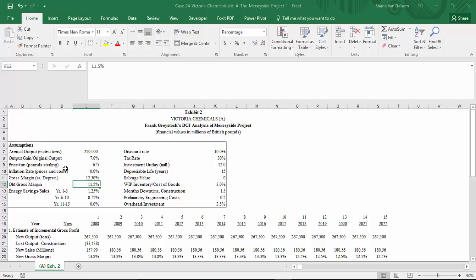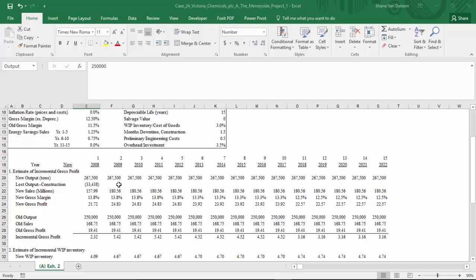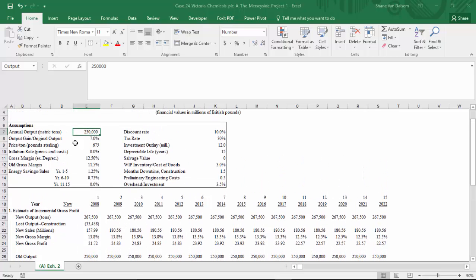So let me go through this a little bit. We're looking at the output in pounds that the company is currently making. Okay, so that's the annual output. You see down here an estimate of the incremental gross profit. So that's important.